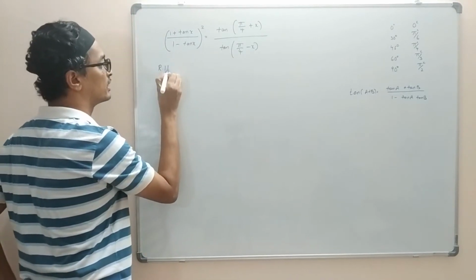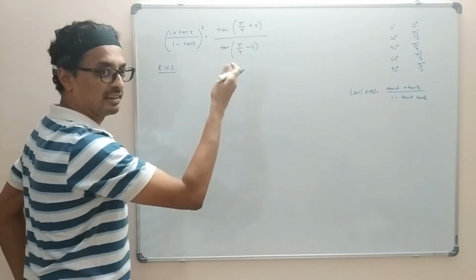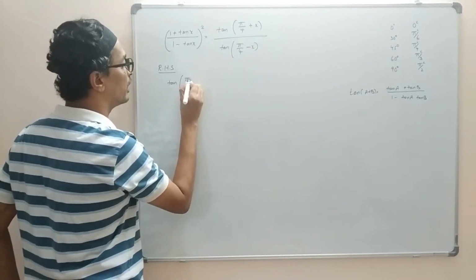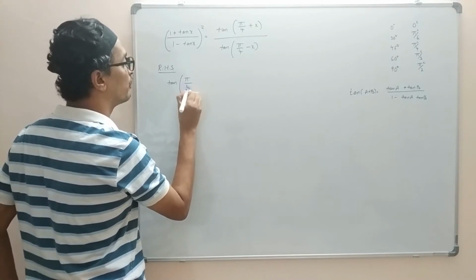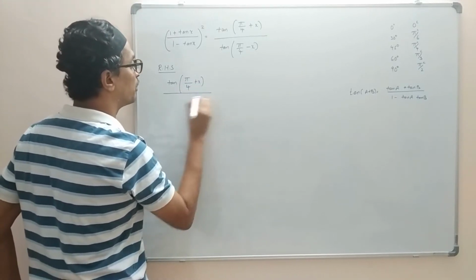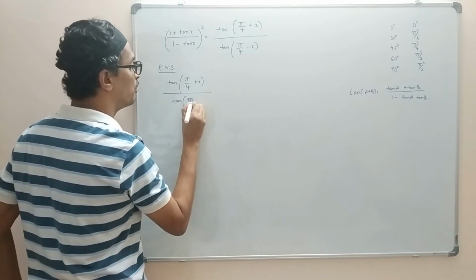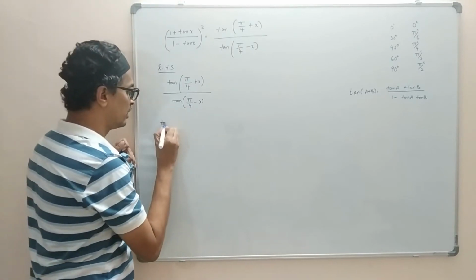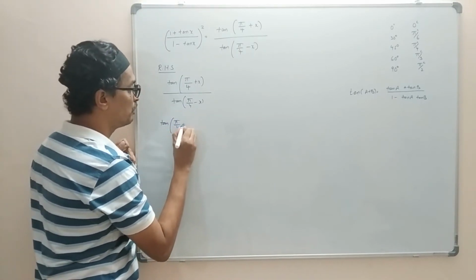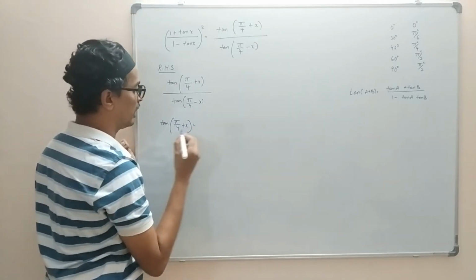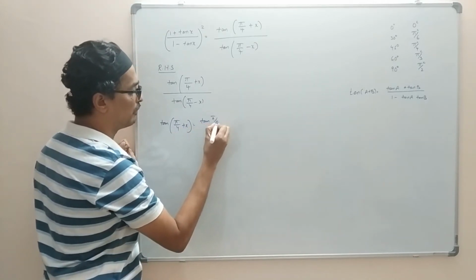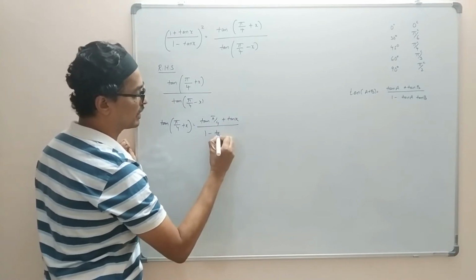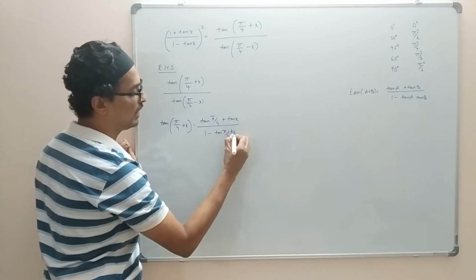So on the RHS, we know the compound angle formula, right? We can always do it. Let me first take the numerator. tan(pi by 4 plus x) will be equal to the same formula: tan pi by 4 plus tan x divided by 1 minus tan pi by 4 tan x.